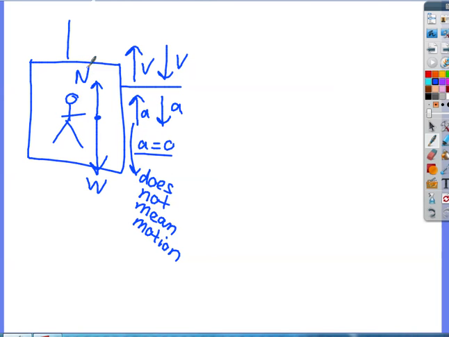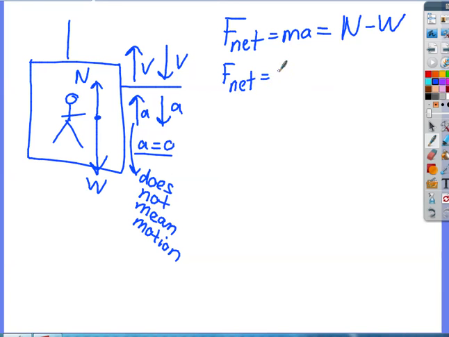So if I said, okay, please write me out a net force equation for this, it would be net force equals m times a, which would equal N minus W. Or it could be F net equals m times a, which equals W minus N. Huh. How do I know which one I should use here? Should I use N minus W or W minus N? How do I know when to use each one?